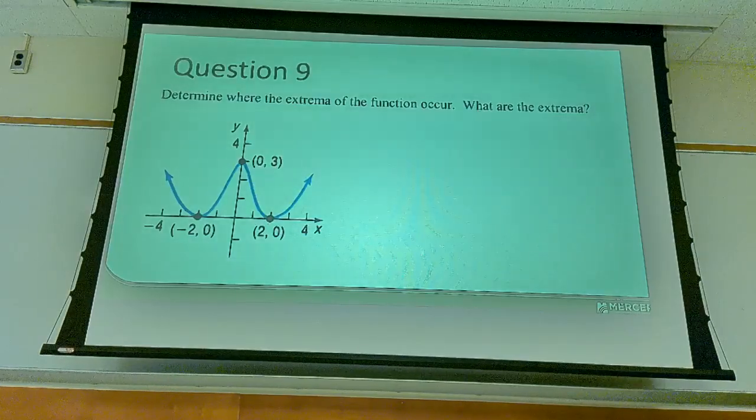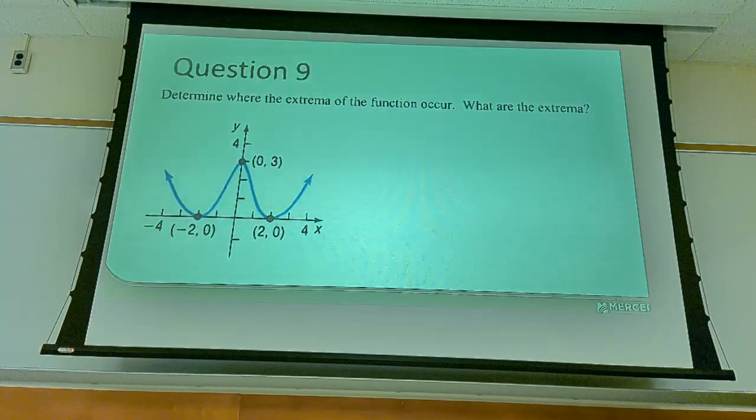You could also write an ordered pair as where it occurs as well. That's what I was trying to do before. So it would be like -2, 0, 0, 3, and then 2, 0. But be more specific than that.